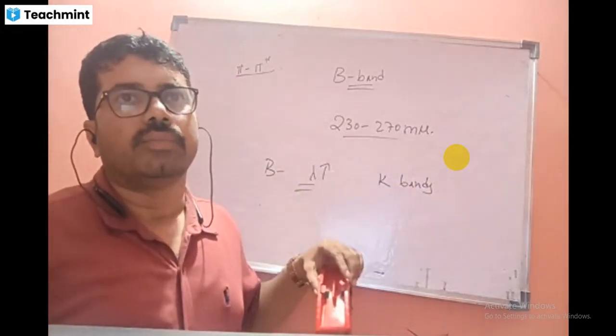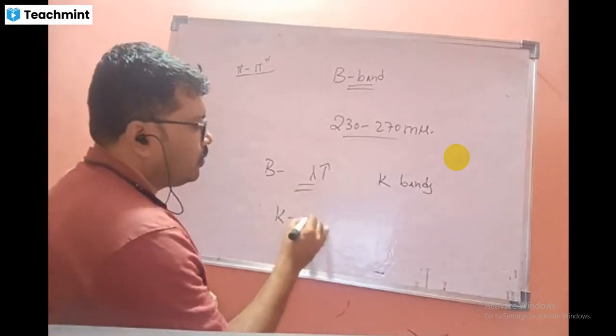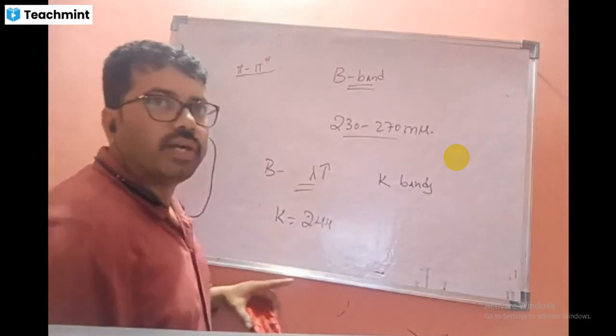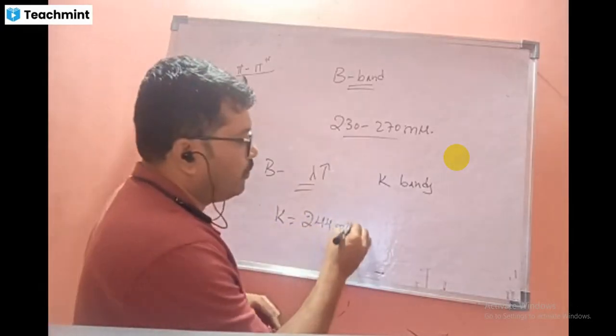For example, the K band appears at 244 millimicron.